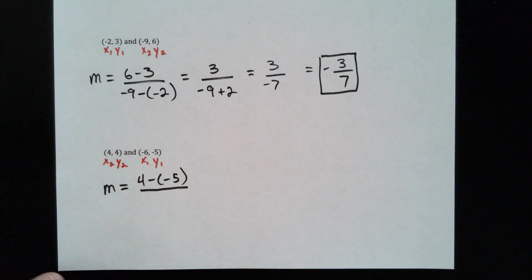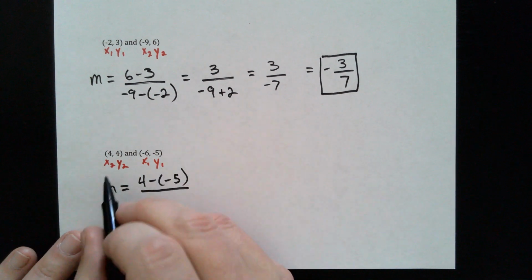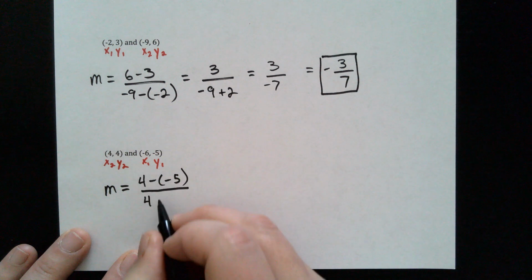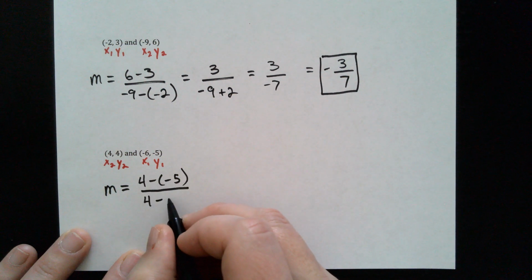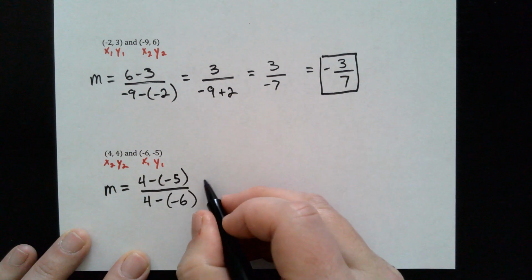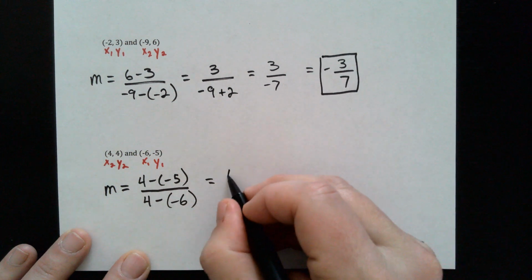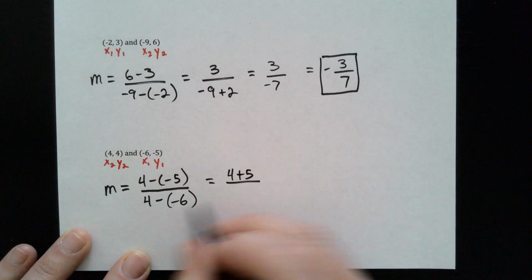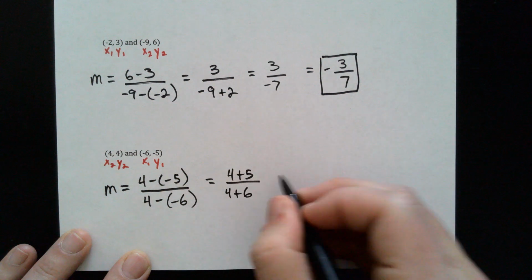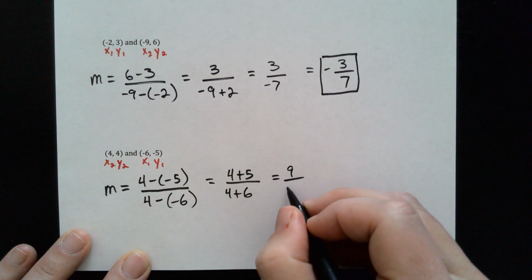And then on bottom, we would get x2, which is 4, minus x1, which is negative 6. Okay, so we'll do what we did earlier. We'll make these positive. So 4 plus 5 over 4 plus 6 equals 9 over 10.